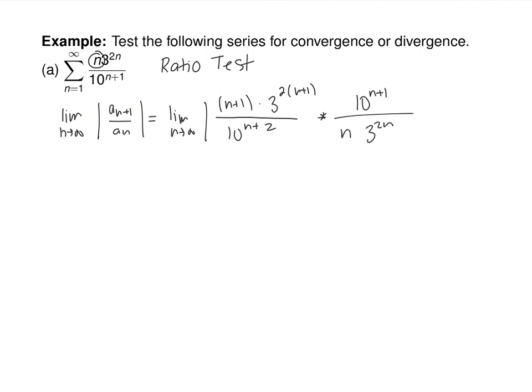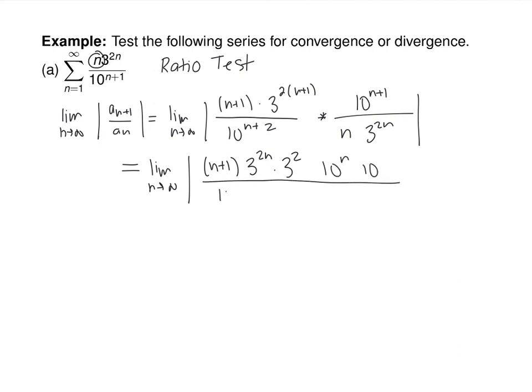And then a whole bunch of exponent stuff to simplify. We have n plus 1, 3 to the 2n times 3 to the second, 10 to the n times 10 over 10 to the n times 10 squared, n 3 to the 2n.